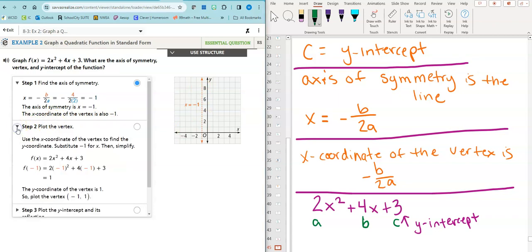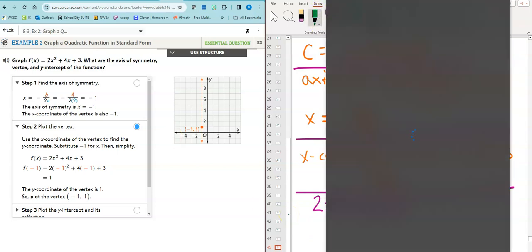The second step I'm going to do is use this x coordinate to find the y coordinate of my vertex, because I need to plot my vertex, right? So I am going to take my formula. I know that x is negative 1. So let's just replace x with negative 1 in my formula.